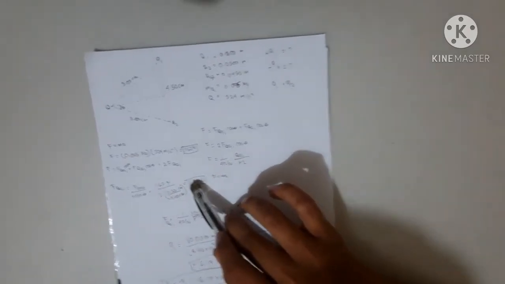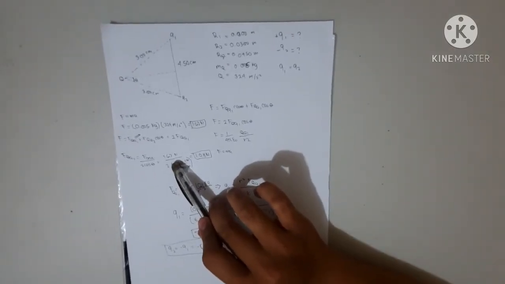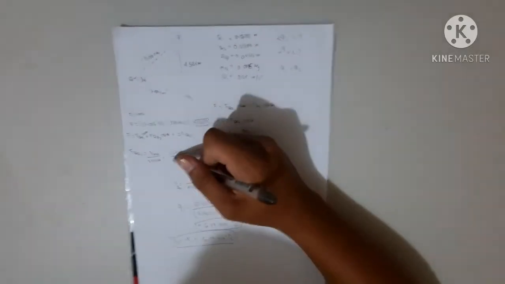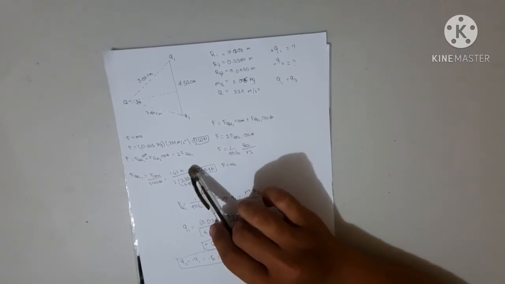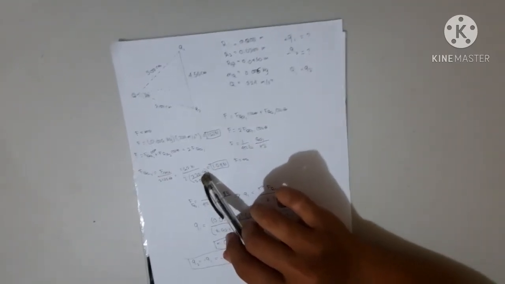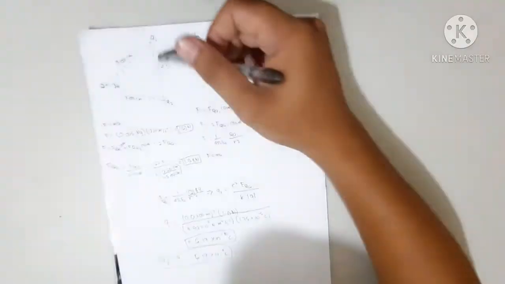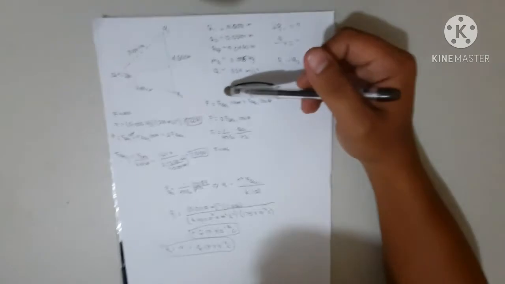With that, our force is 1.62 newtons over 2 times, in parentheses, cosine theta. So we're going to take a look at the free body diagram, which is here. We're looking for cosine.